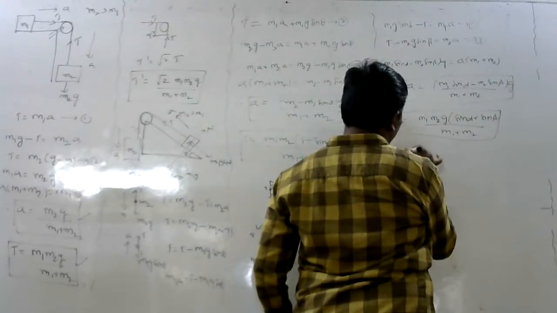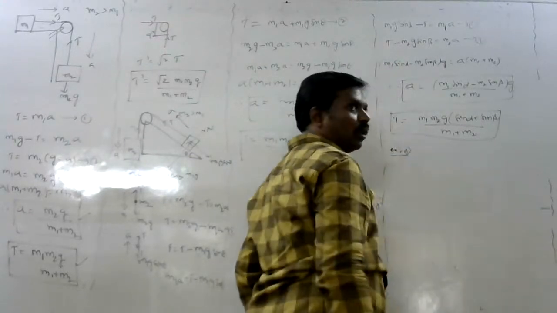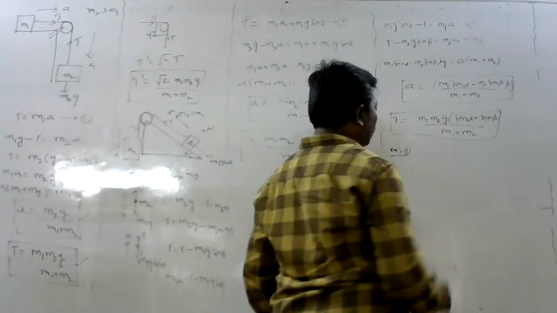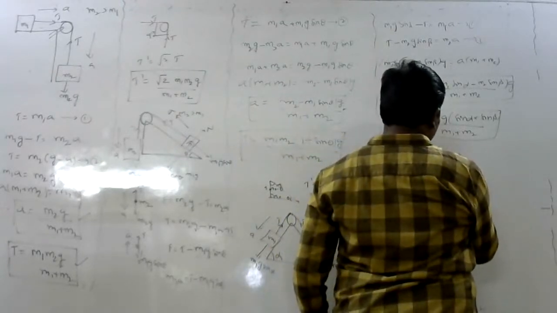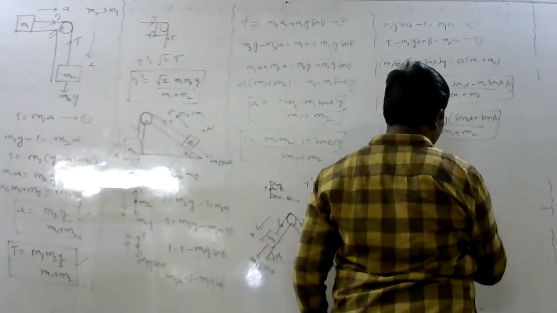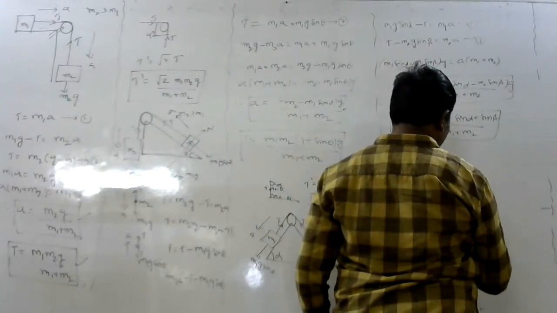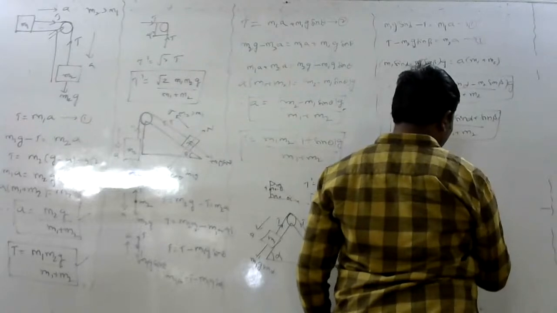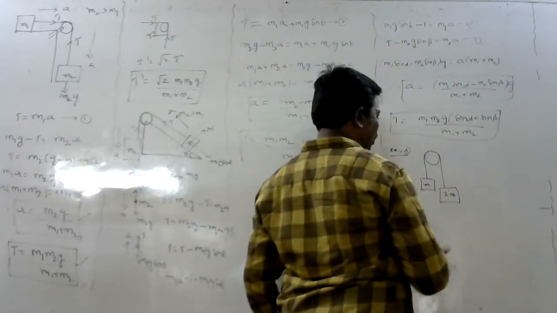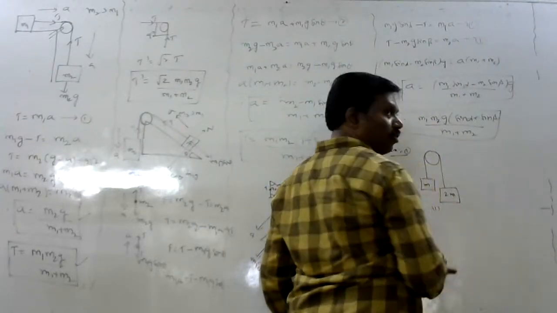So example 1. Here a pulley with two blocks of masses M, and another block of mass 2M. So this is diagram 1.